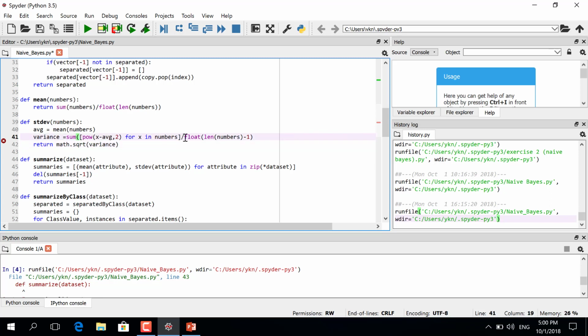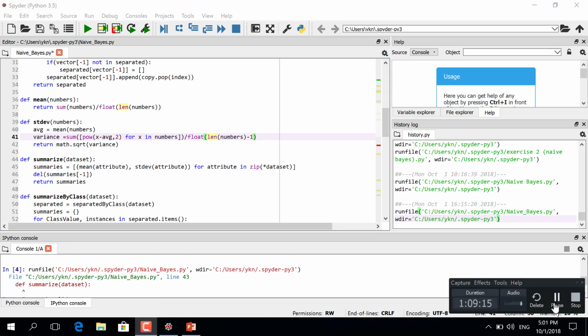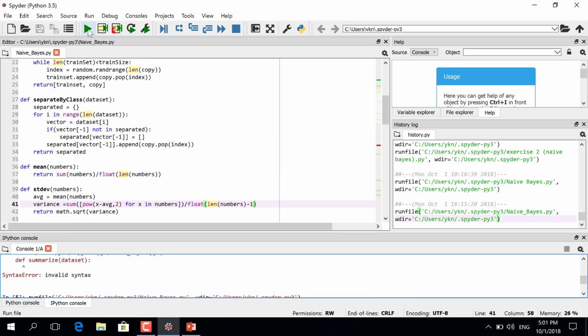I think we should put a one here, here also one, because this is the value that should not be separated. And float, and yeah, I think it's missing, right? Okay, now we can start to run.